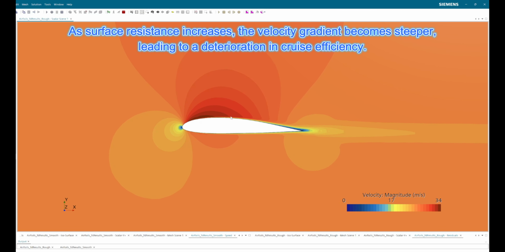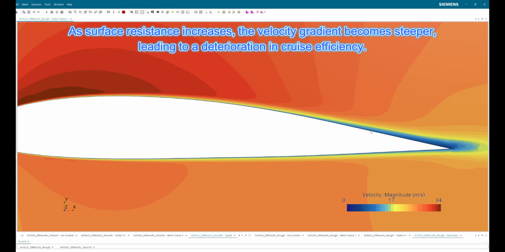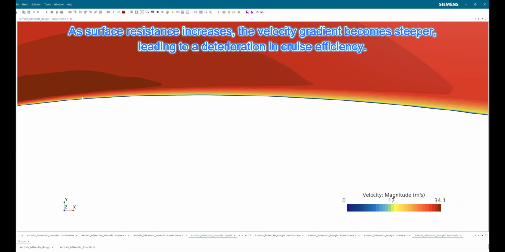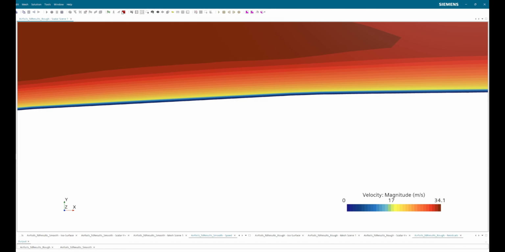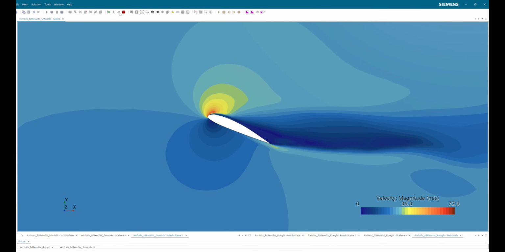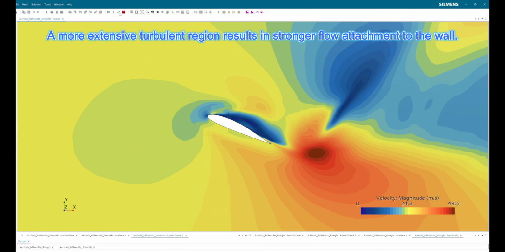This has only a slight effect on the pressure difference that generates lift, but it significantly increases skin friction drag. However, at medium to high angles of attack close to stall, a larger turbulent region can actually help. Because of its stronger surface attachment, it can delay flow separation and thus postpone the stall.